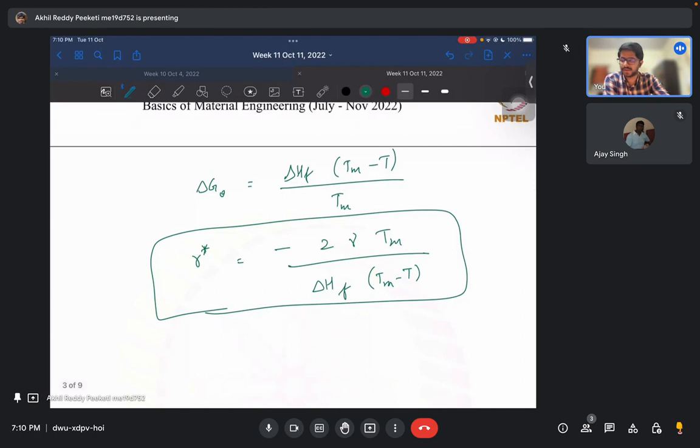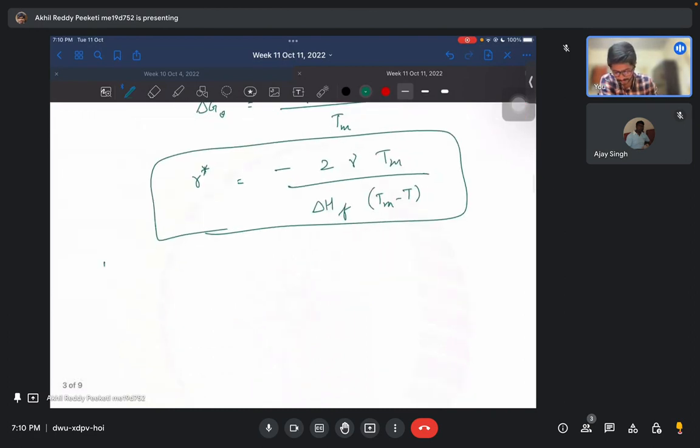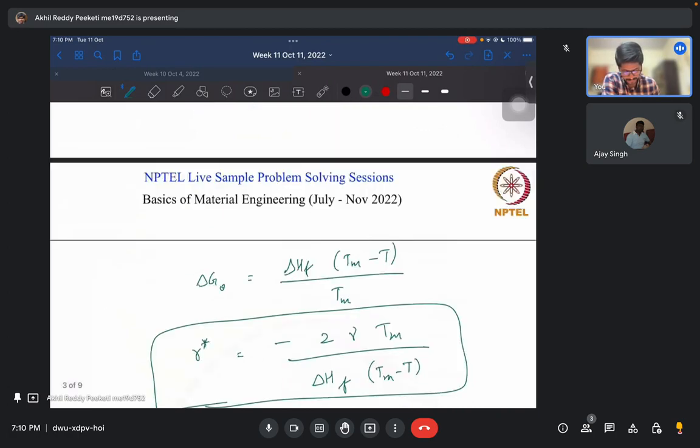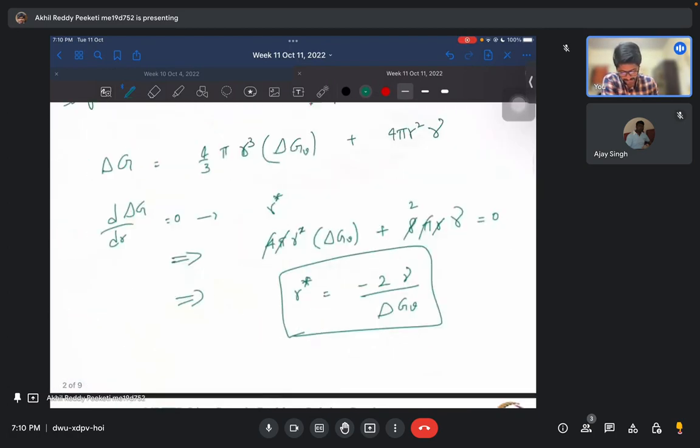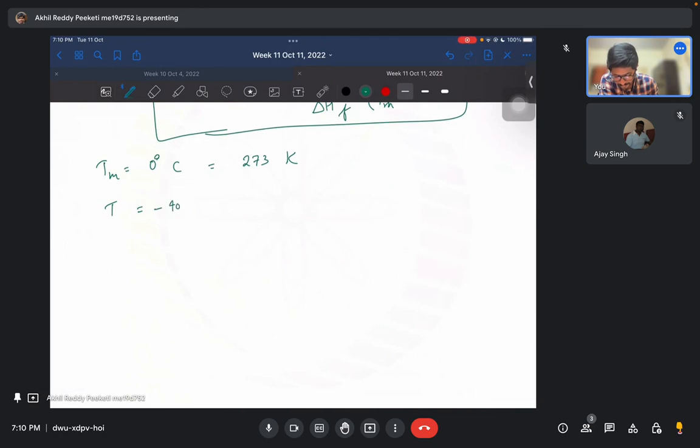Now the values which were given for water are: we know the melting temperature of ice is 0 degrees Celsius, so 273 Kelvin, and the temperature where nucleation occurs is minus 40 degrees Celsius. So the temperature in Kelvin would be 273 minus 40.